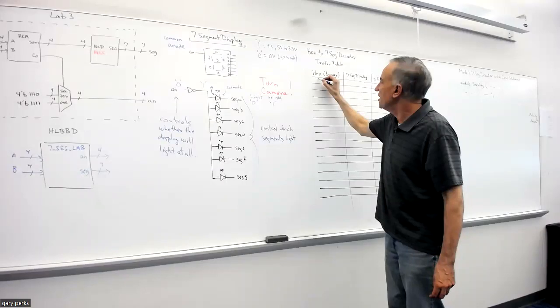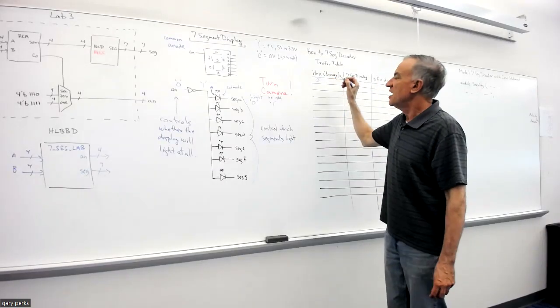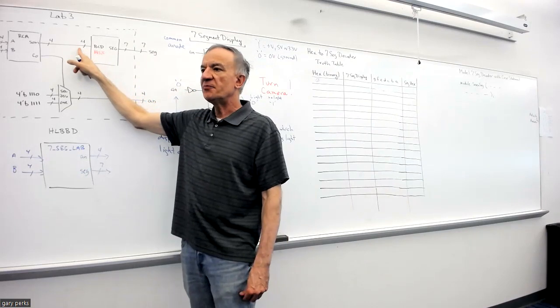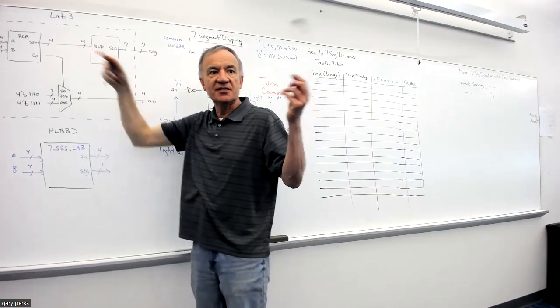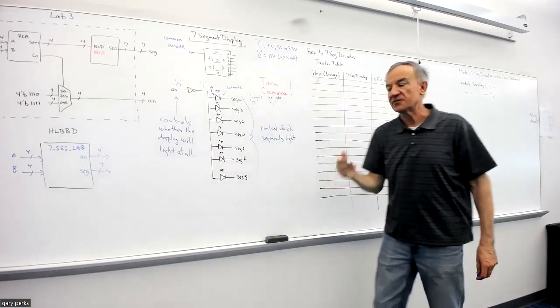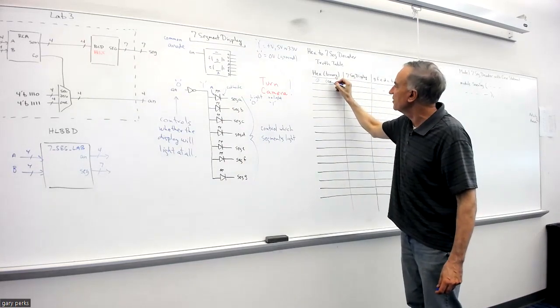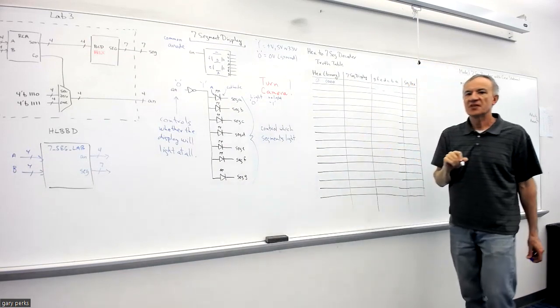So we'll start with the hex 0. We want a hex 0 when this 4-bit binary is all 0. Next to the hex character, I'm putting the 4-bit binary that goes with it.